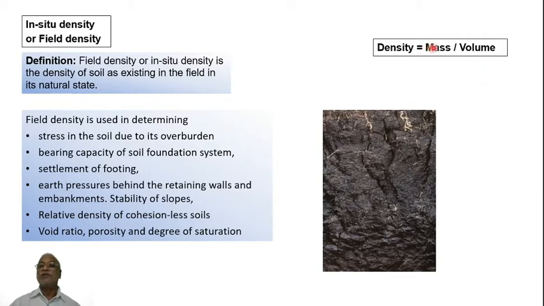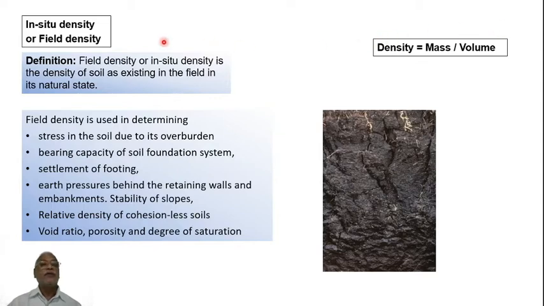This relation we use while finding mass also. Mass of a given volume of a material, you multiply volume and density to get the mass. So one should know that density is equal to mass divided by volume.